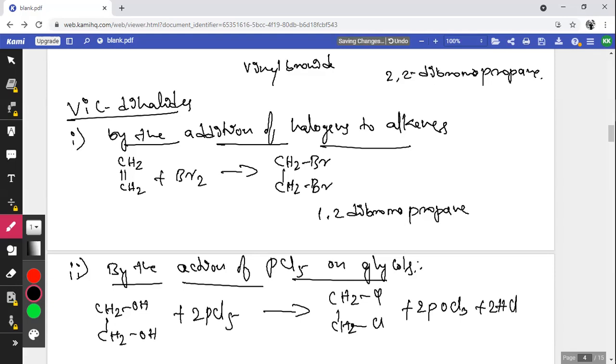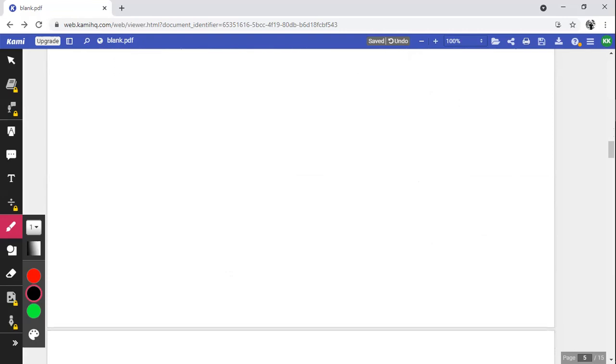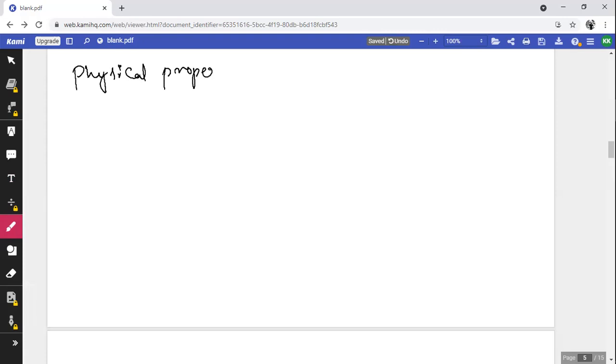So these are the methods of preparation of dihalides. One is gem dihalides, the second one is vicinal dihalides. Then we'll go for physical properties of dihalides.